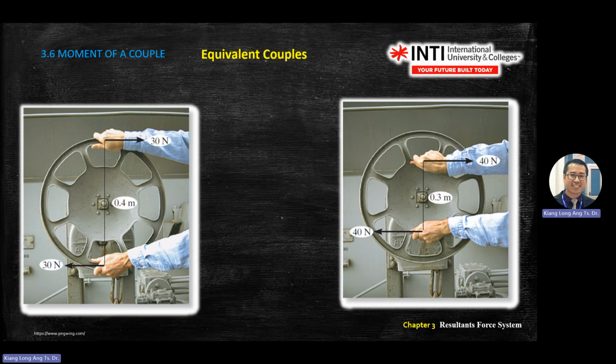Okay, so to get the equal moment, when you reduce the distance between your two hands, you need to turn harder. The result is that you'll feel that you need to push or pull harder. Same magnitude, if you take 0.3 multiply 40, you still get 12 Newton meter.